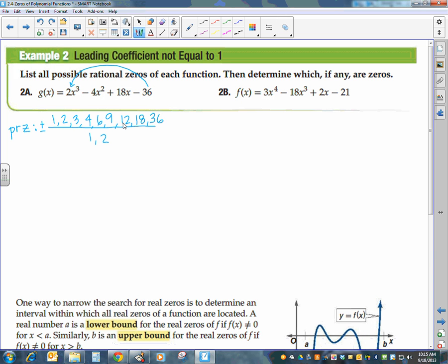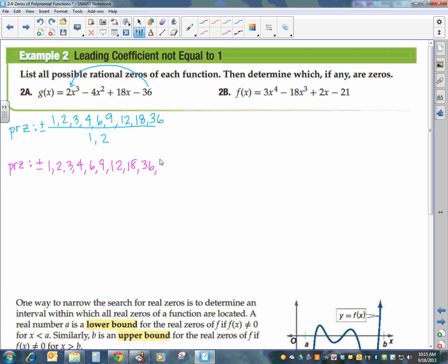So those are the combinations, okay? To actually write those out, I'm going to say my possible rational zeros are all these numbers that I have, because I would put all of those over 1. So I've got 1, 2, 3, 4, 6, 9, 12, 18, 36. And now I have to put them all over 2.